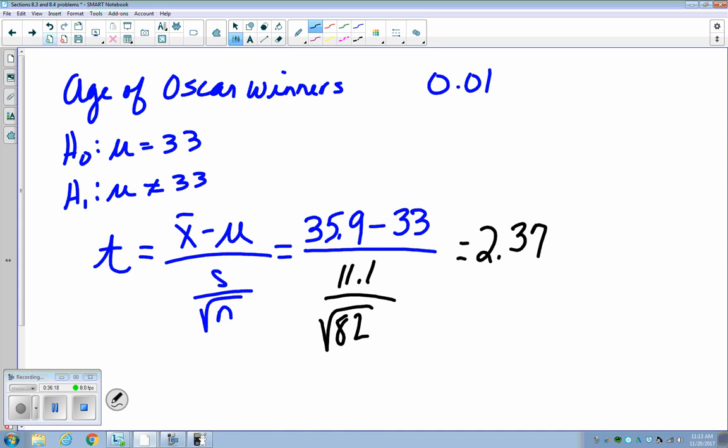Okay. I did not bring our t-charts with us, but from our t-chart I can tell you what the critical value is going to be. The t critical values would be plus or minus 2.639.